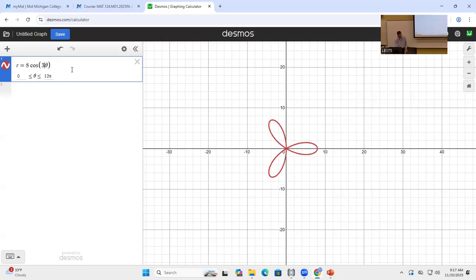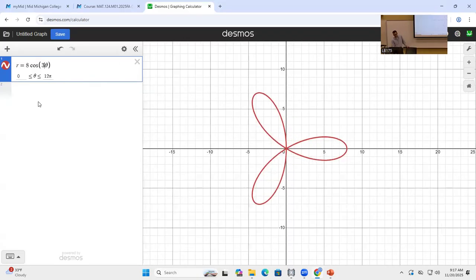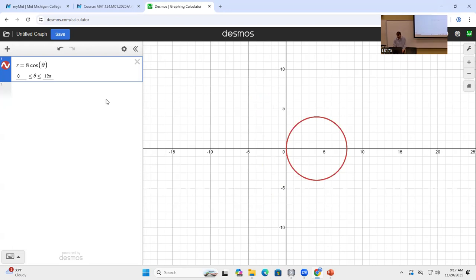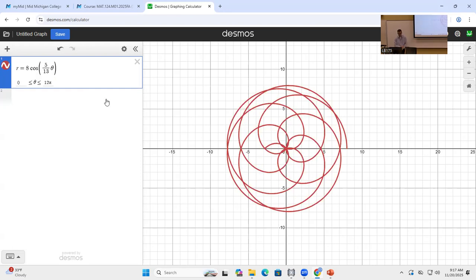And then when I did cosine of 3 theta, I got 3 loops. What would happen if I put a fraction in front of theta? Let's say I put, I don't know, 5/13. I get a really strange looking object.